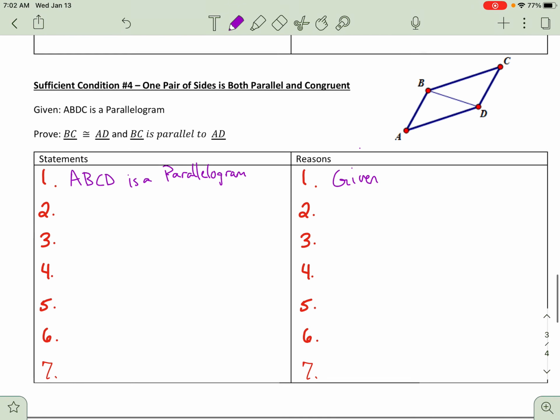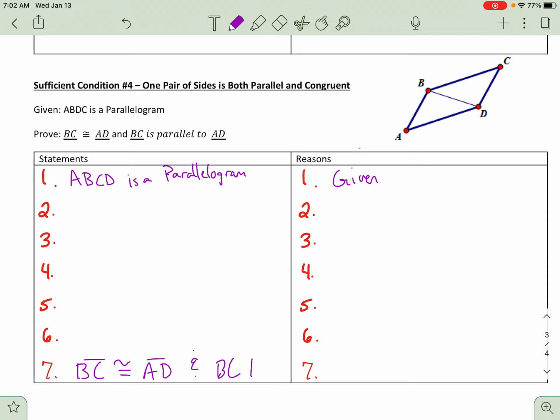Okay, and we want to prove that BC, so one outside edge, is congruent to AD, and BC is parallel to AD. Okay, so we just want to prove that it is in fact both parallel and congruent.